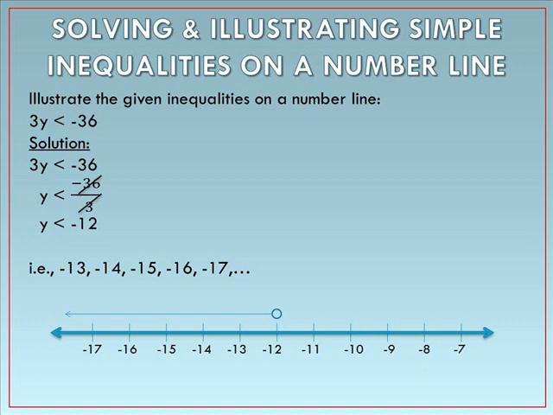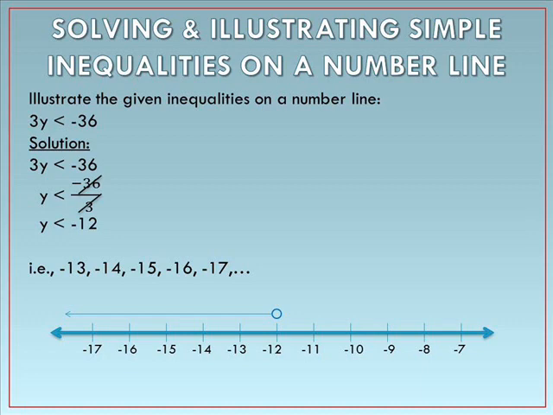So we will transpose it to the right hand side, and as it is being multiplied on the left hand side, when transposed to the right hand side, it will be divided over there. So we have y is less than minus 36 over 3, and as minus 36 over 3 is minus 12, we have y is less than minus 12.